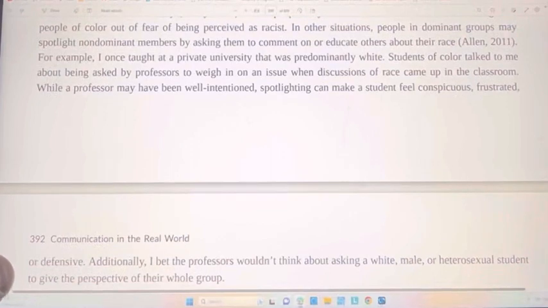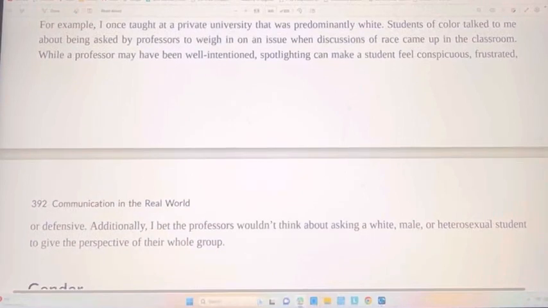In other situations, people in dominant groups may spotlight non-dominant members by asking them to comment on or educate others about their race. For example, I once taught at a private university that was predominantly white. Students of color talked to me about being asked by professors to weigh in on an issue when discussions of race came up in the classroom.